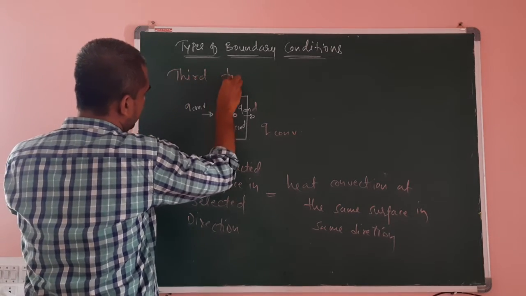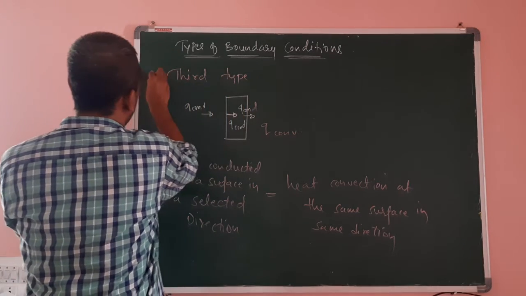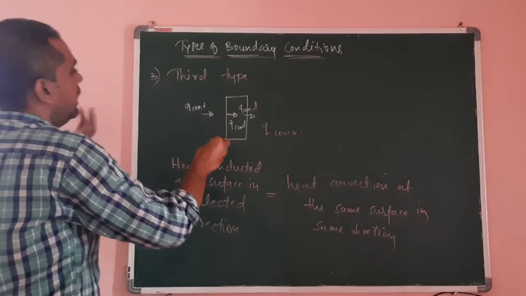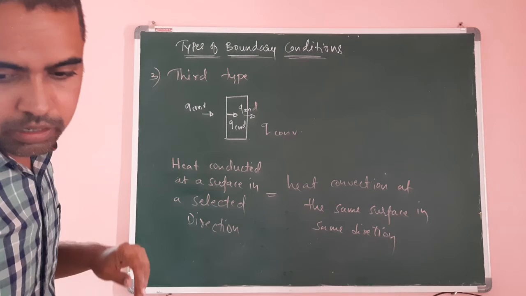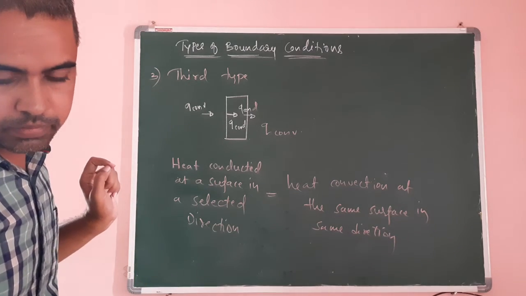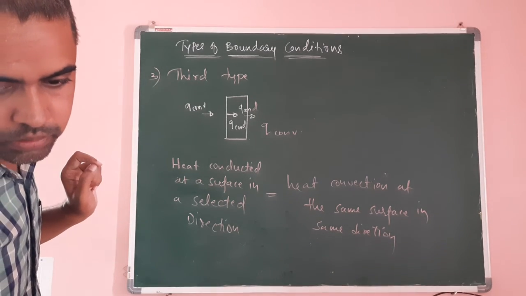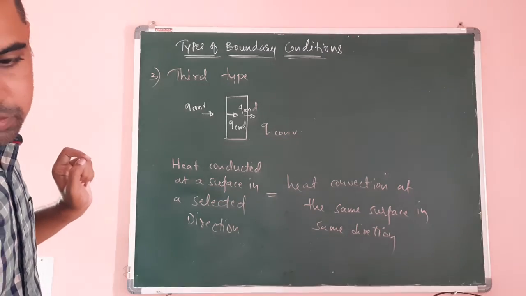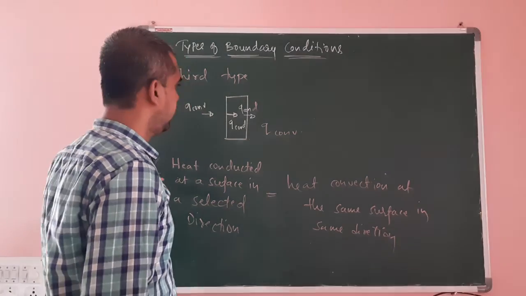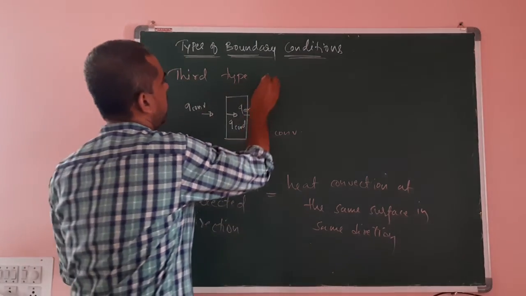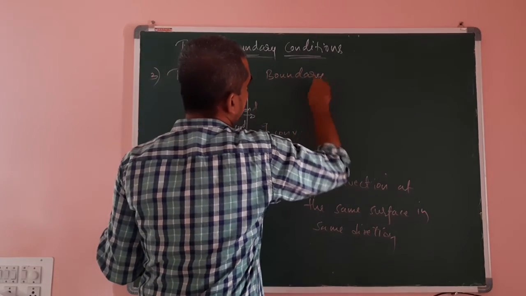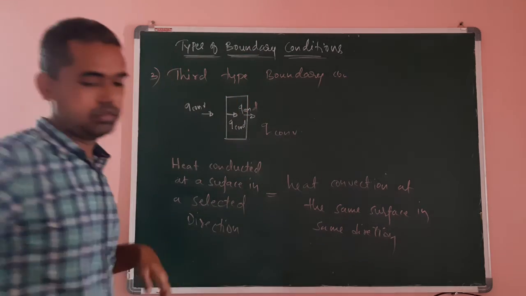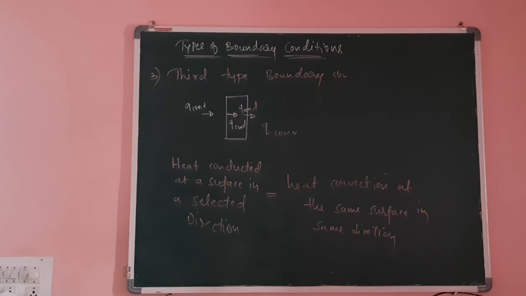Sometimes it may also be called the convection-conduction boundary condition. These are the different types of boundary conditions.